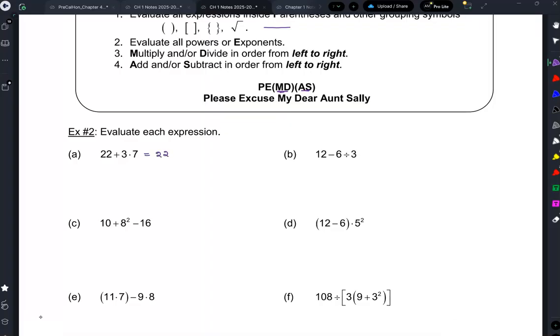Multiply. So this is going to be 22 plus 21, and that will be 43. Okay. So here too, I have 12 minus 6 divided by 3 is minus 2, and that'll be 10.